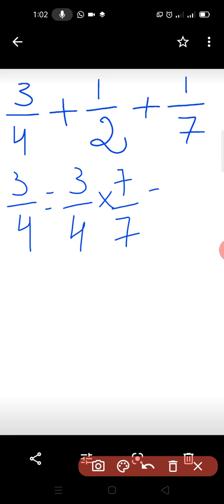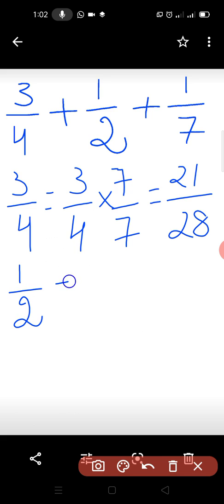So multiply both the numerator and denominator by 7. 3 7s are 21 and 4 7s are 28. Next fraction is 1 by 2. How will we get 28 from 2? 2 14s. So 1 by 2 we are going to multiply by 14 by 14.